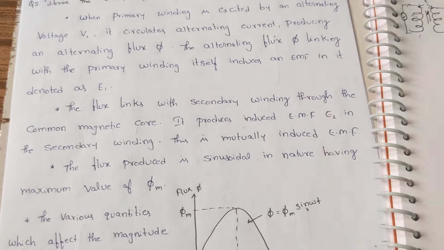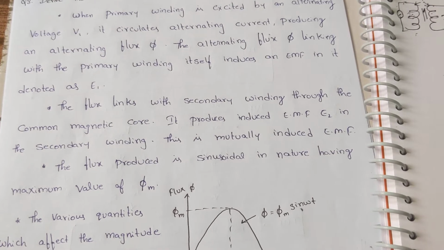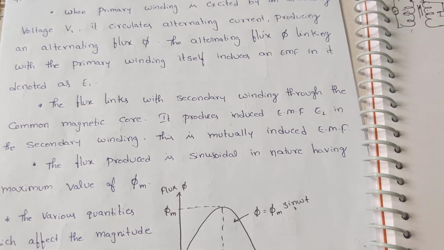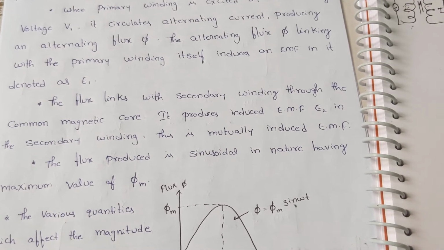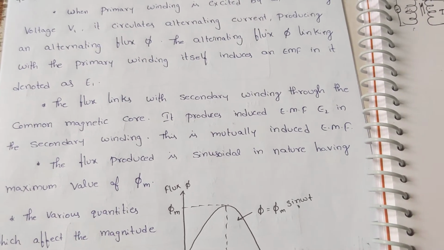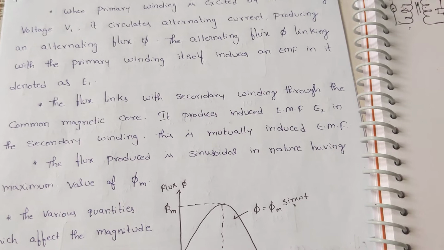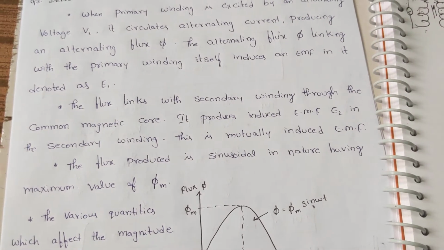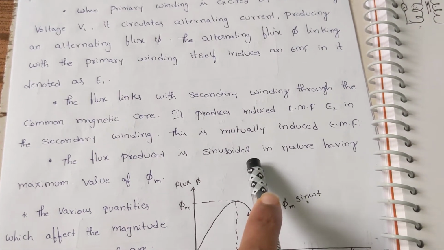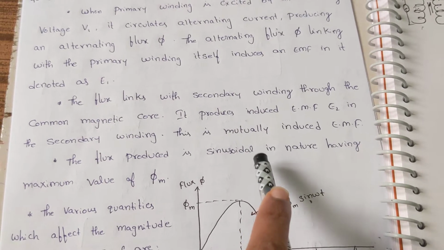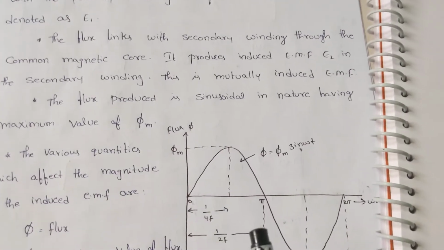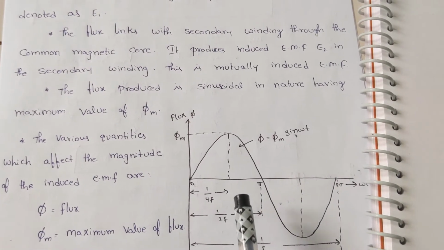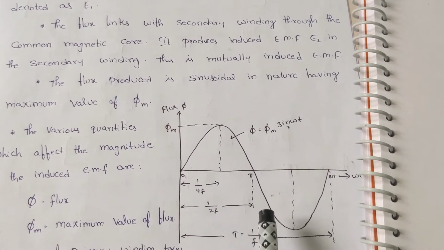Here we provide an alternating voltage to the primary winding, so we get an alternating current, which produces an alternating flux. Alternating means it is represented in a sinusoidal format. So this is your flux waveform.